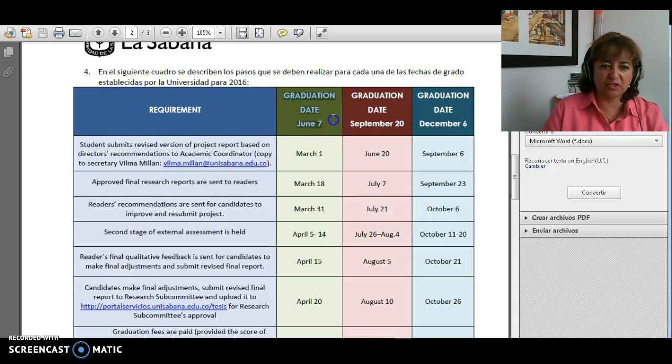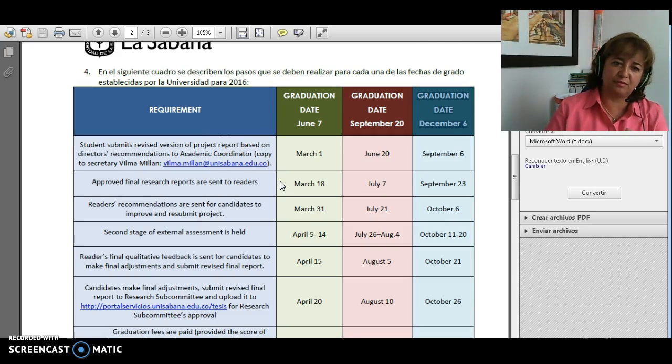So we have graduation on June 7, September the 20th, and December the 6th. Depending on the time that you started your master's program and the 6 months that the university gives you, if you don't graduate before this time, you might have to pay some extra money for the credits and for the re-enrollment.